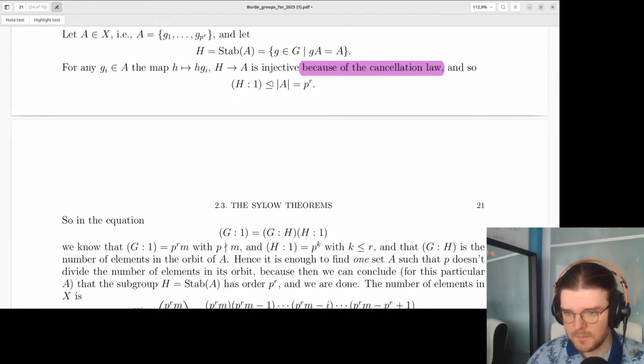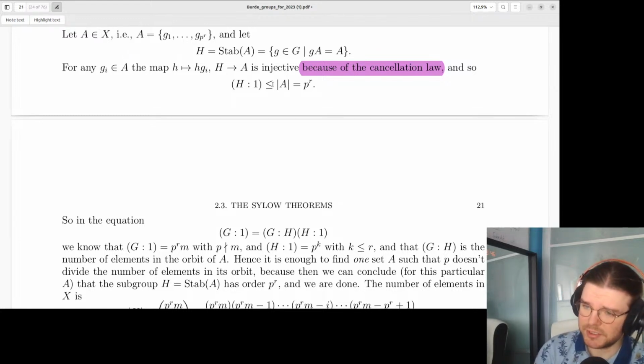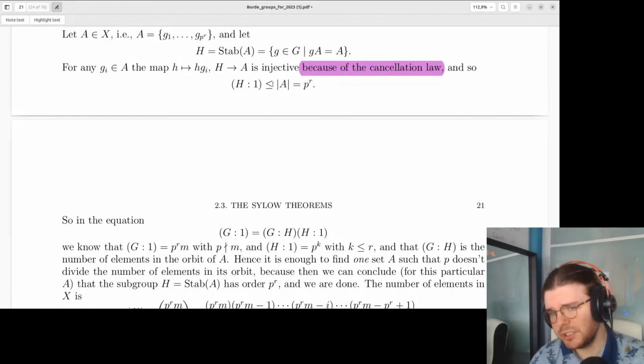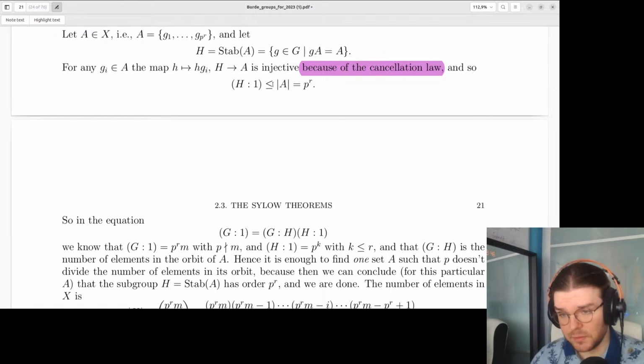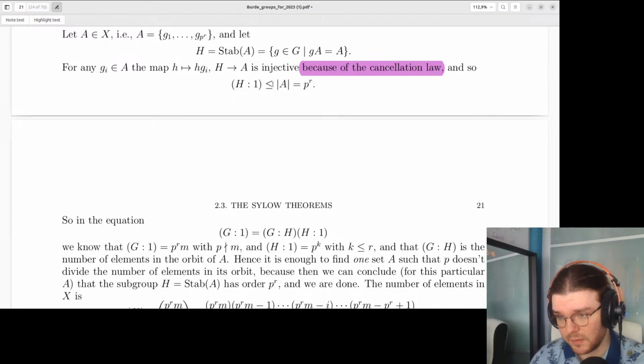So in the equation, |G| = |G:H| times |H|, we know that |G| equals p to the r m, with p not a divisor of m, and |H| equals p to the k, with k less than or equal to r.